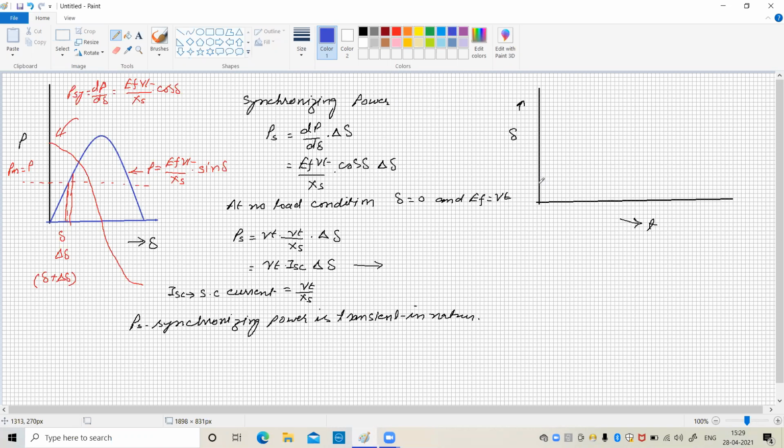Suddenly the load has been increased. The alternator will oscillate around the new equilibrium position, and after 2 or 3 oscillations it will settle to the new value, isn't it? The second equilibrium position is say delta 1. So under such condition, after 2 or 3 oscillations, the new equilibrium position is found.